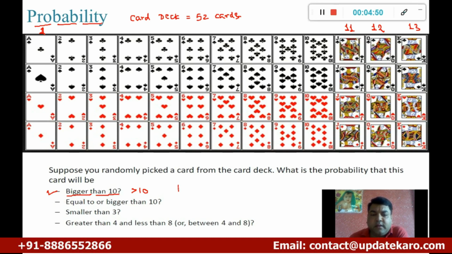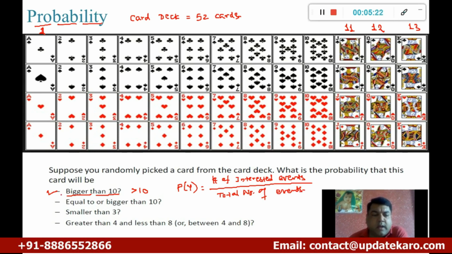The probability of Y is equal to the number of interested events divided by the total number of events.